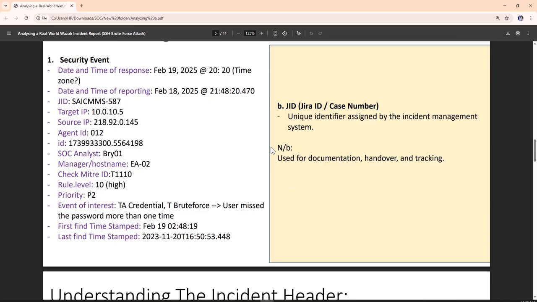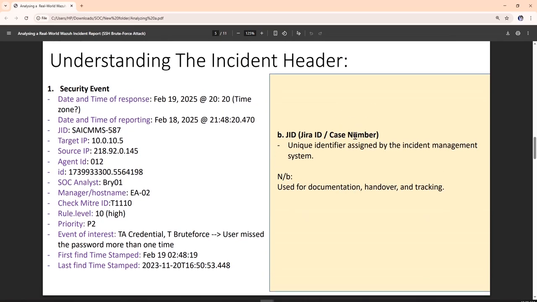Then the Jira ID slash case number. Like I said, it is a unique identifier assigned by the incident management system. Different companies have different tools they use for their reporting. Some might use Jira, some might use any other software.